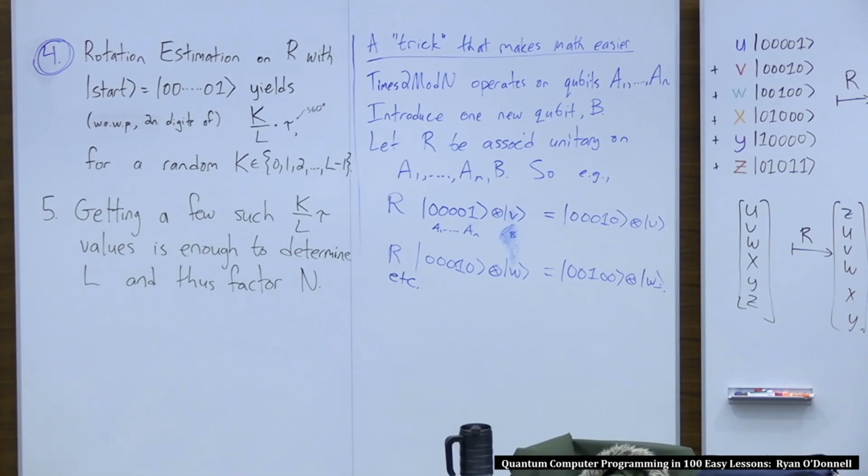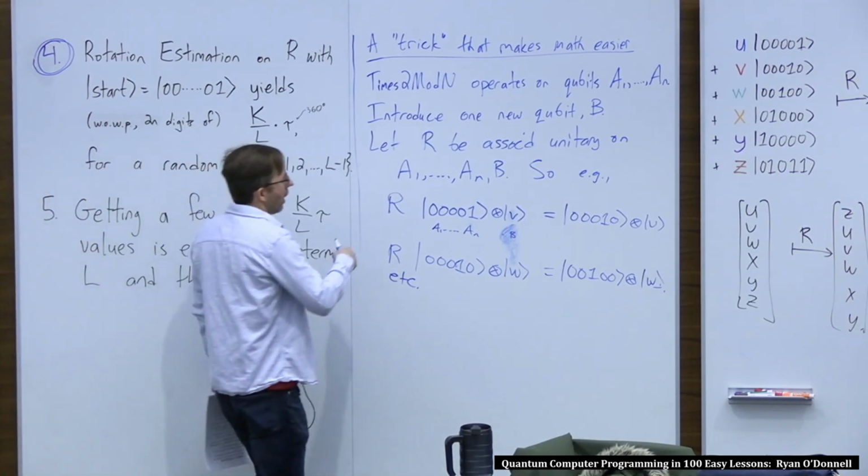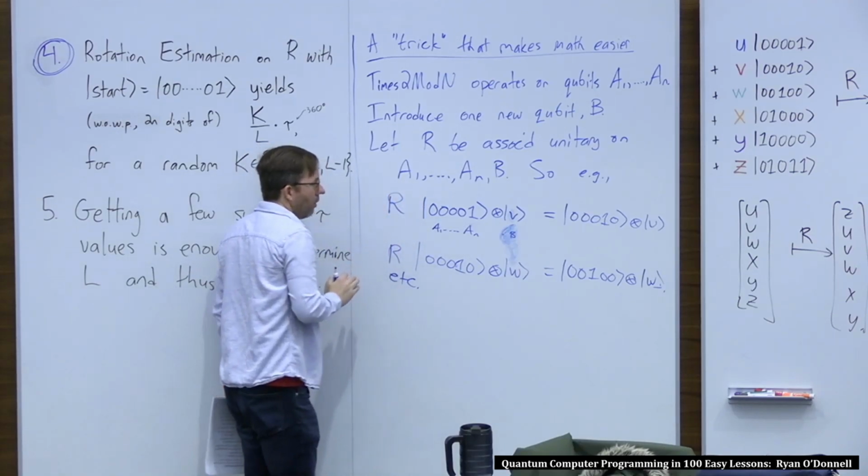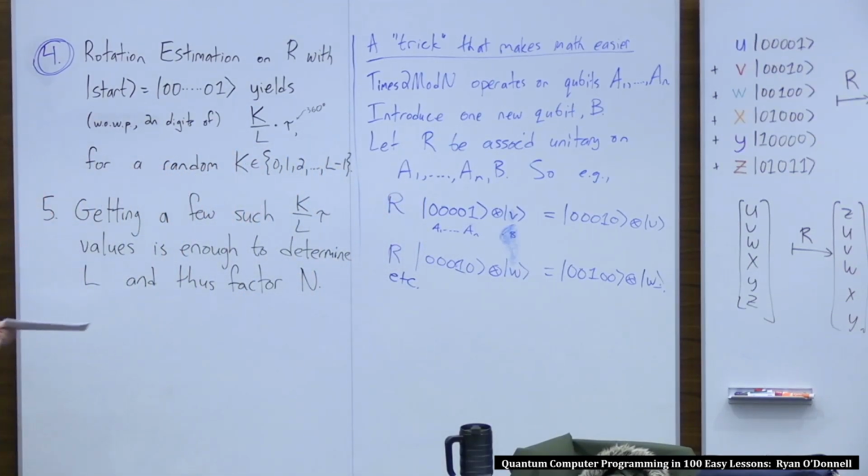OK, and that's the whole trick. And now it's going to be much more pleasant, as it turns out, to figure out the planes of rotation of this R. So that's what we'll do. We'll actually use this R all along instead of the original one. I know it's weird, but it'll make our lives easier.